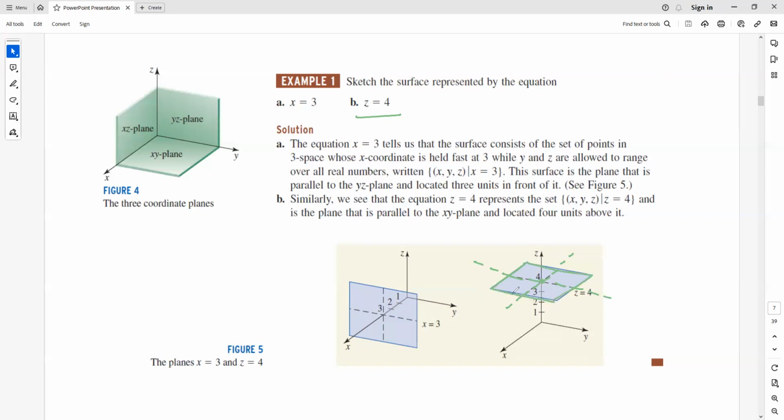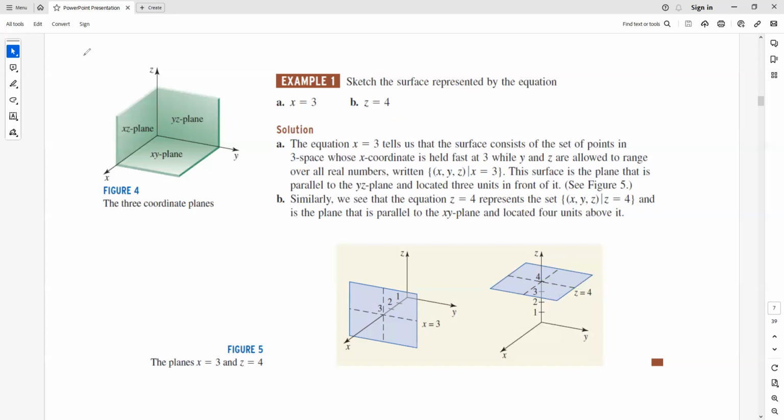This plane is parallel to the xy plane, and this one here is parallel to the yz plane. So this is how we can sketch these surfaces represented by equations of this kind.